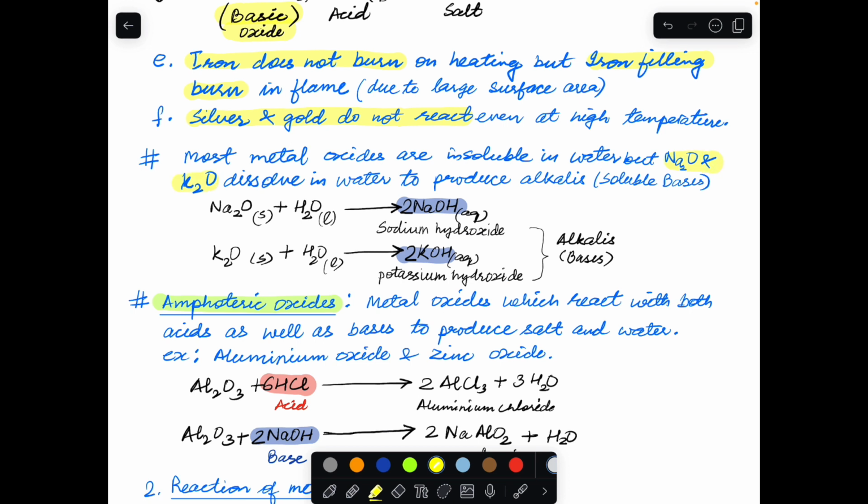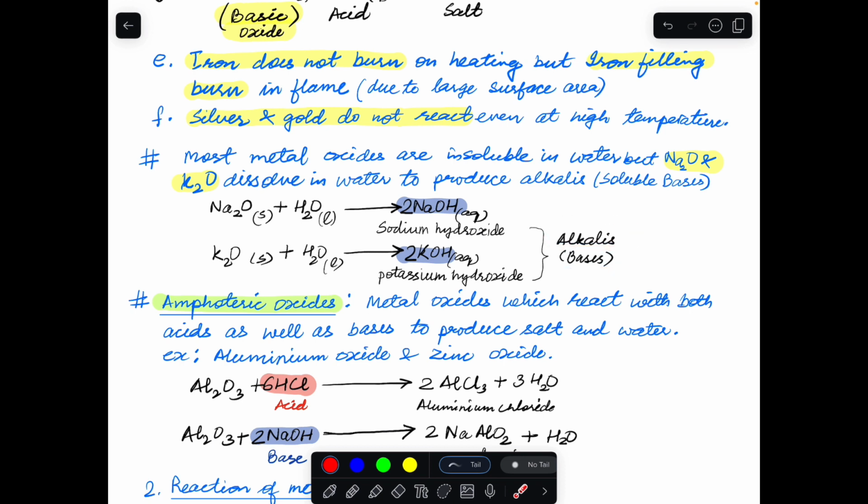So when these metal oxides are treated with water, they will dissolve to give you hydroxides, like sodium hydroxide and potassium hydroxide. And these sodium hydroxide and potassium hydroxide solutions are called bases. Okay. And those bases which are soluble in water are called alkalis.